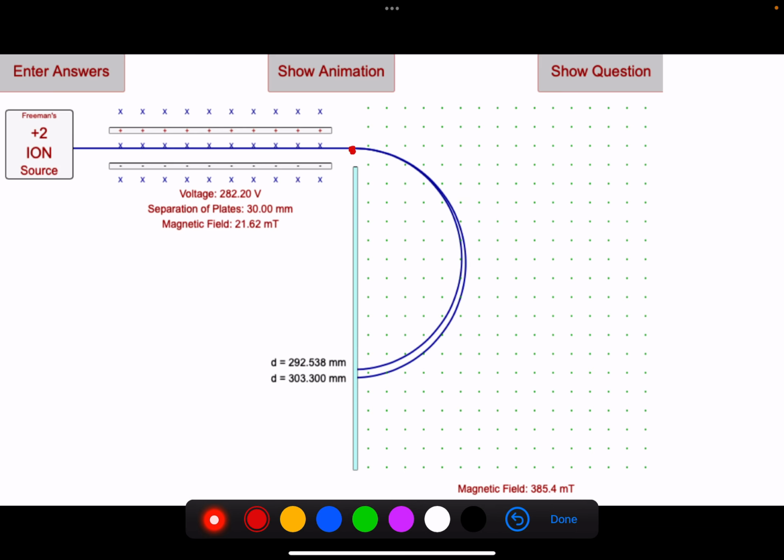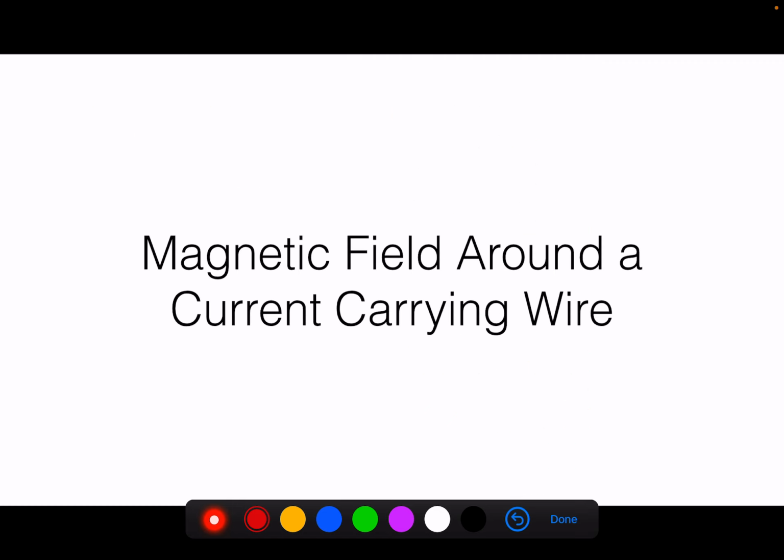We then use that in a mass spectrometer, which is one of the most important scientific devices ever designed to figure out the mass of extremely tiny objects, isotopes of different elements, molecules that are really small. We can get their mass using the mass spectrometer, and we've already learned all this.